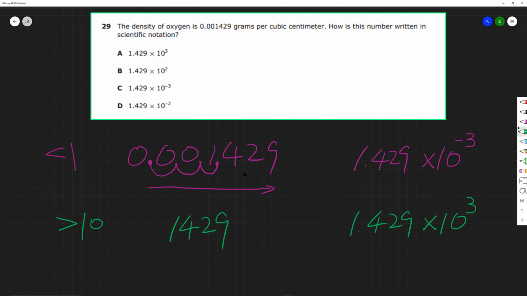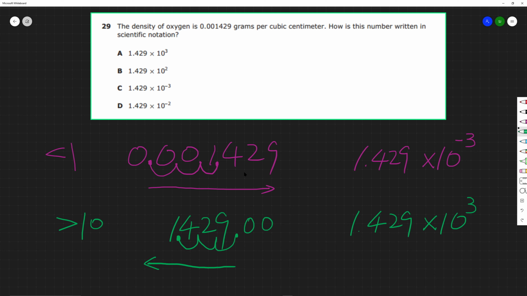You can think of this number as 1429.00, with the decimal here. Because this is a large number, we are going to move the decimal to the left. We move the decimal by 1 place, 2 places, 3 places to between 1 and 4. And we have 1.429 after the moving. And we moved to the left, so it's going to be multiplied by 10 to the power of positive 3.